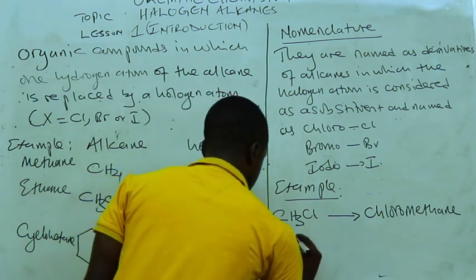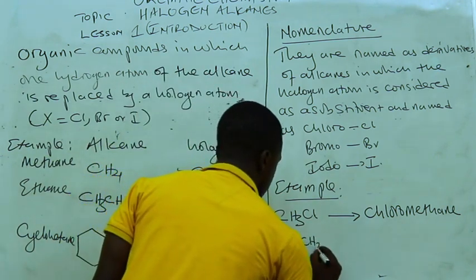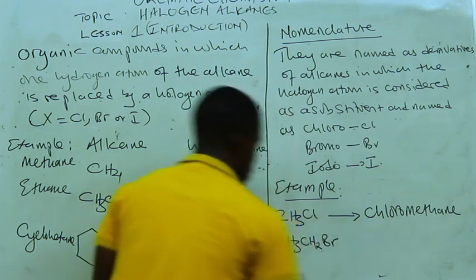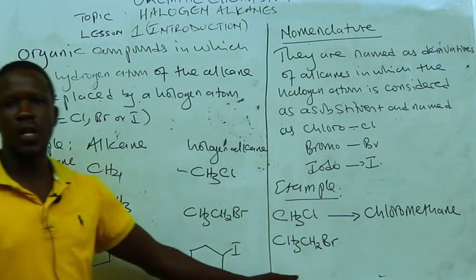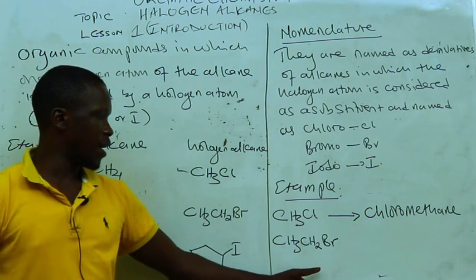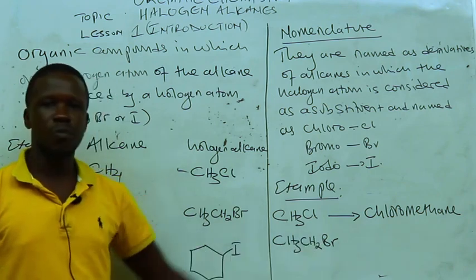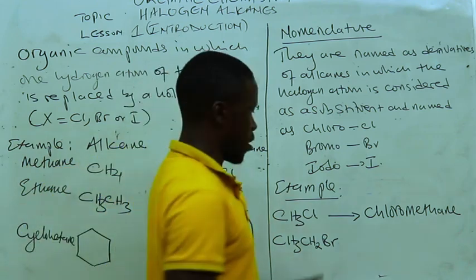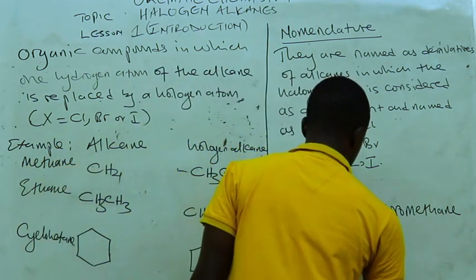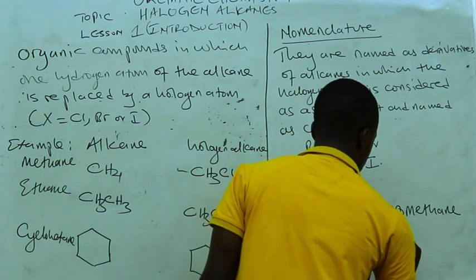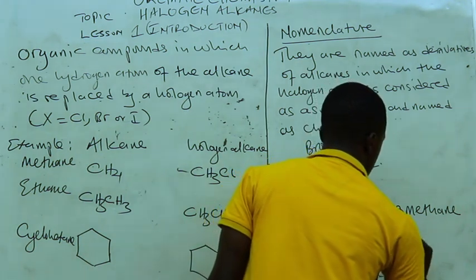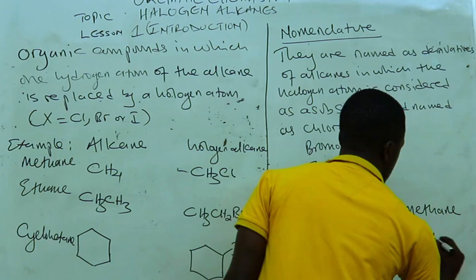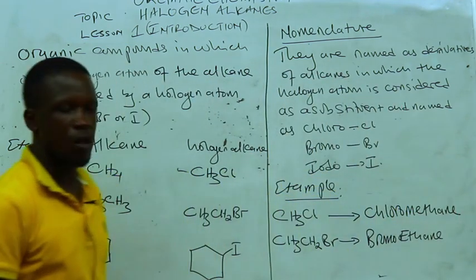When you look at the next example, these are two carbon atoms, and there is a bromine atom. Since two carbon atoms, that would be ethane, and this is bromoethane.